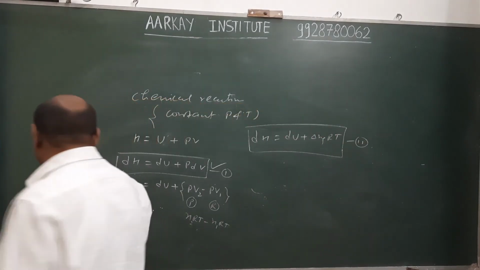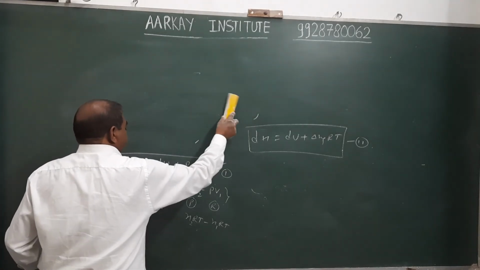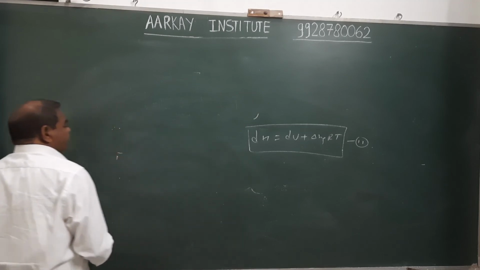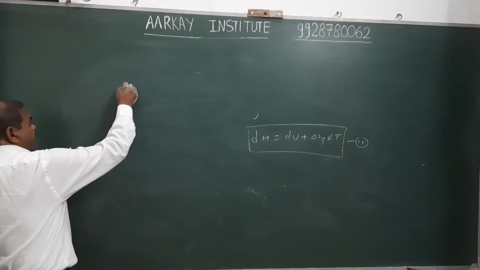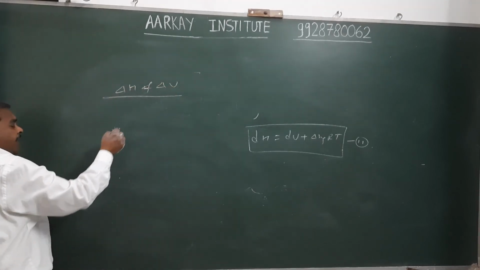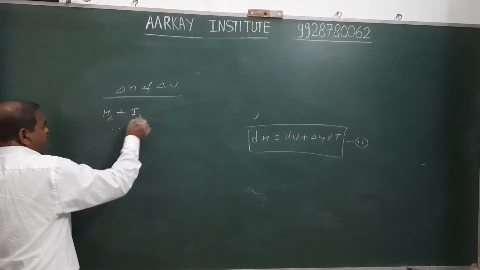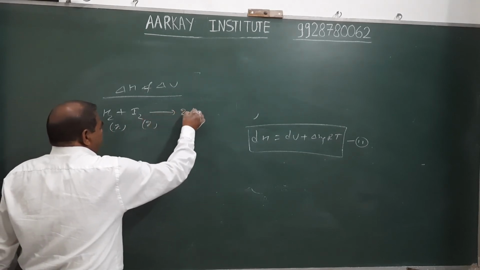Question. Which one is greater among delta H and delta U in the following chemical reactions? First: H2 gas plus I2 gas gives 2HI gas.